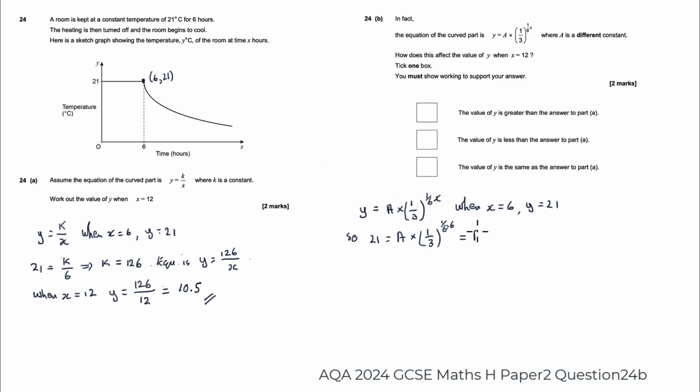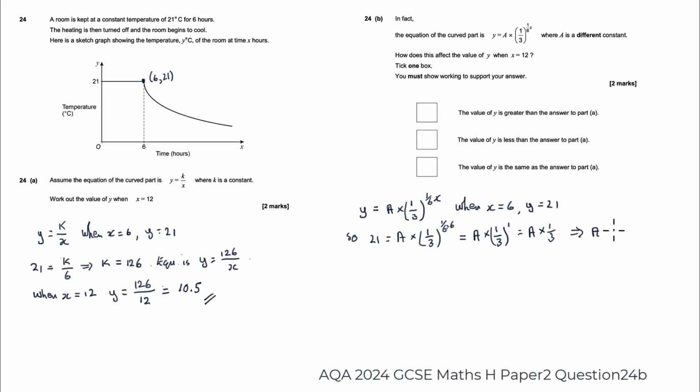So 21 is a times 1/3 to the power, now what's 1/6 of 6? 6 into 6 just goes 1. So we're talking about a times 1/3. Anything to the power 1 is just the same number. So that's 1/3 of a. 21 is 1/3 of a, so a will be 3 times 21.